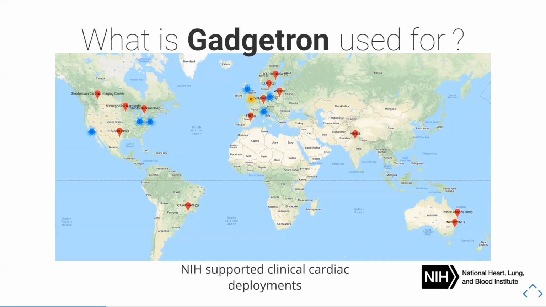There are more than 40 of these sites around the world, mainly in the US and in Europe. The reason why you might want to use Gadgetron clinically is simply because there are applications in Gadgetron that let you do things that the vendor product doesn't. I'll show you some of those during the talk today.